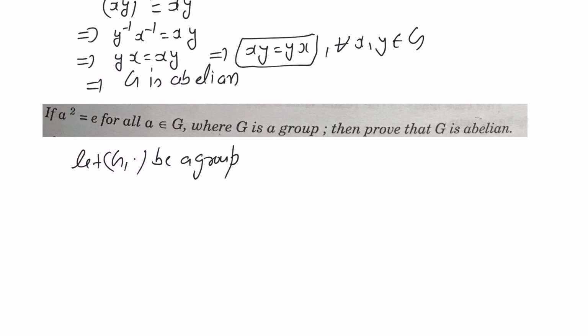This dot is a binary composition with respect to which it forms a group, and we have already studied the group. So this is a group such that a square is equal to e for all a belonging to G. This is the symbolic notation for 'for all'.